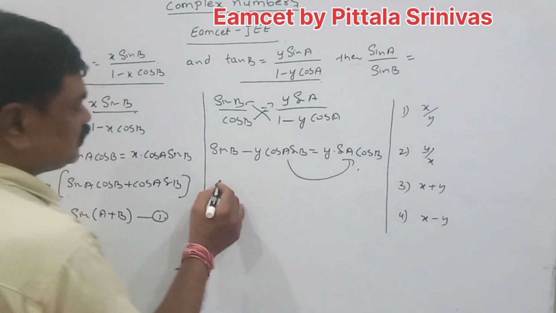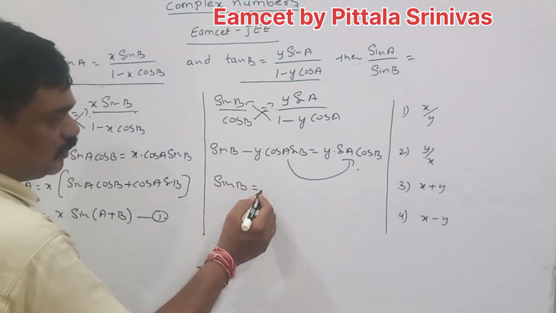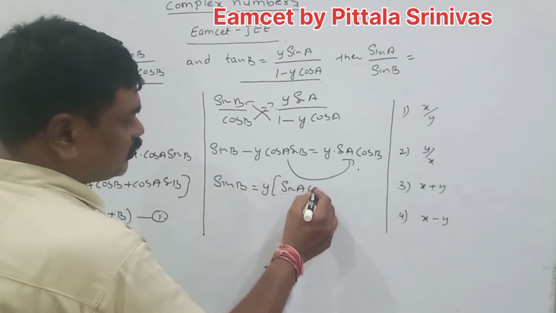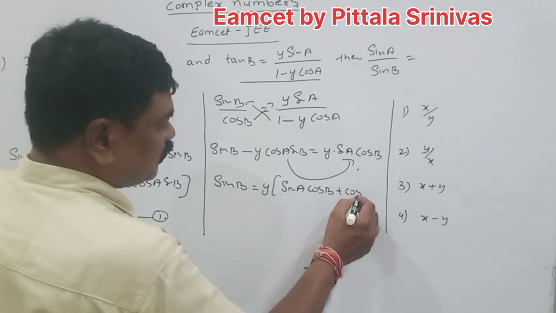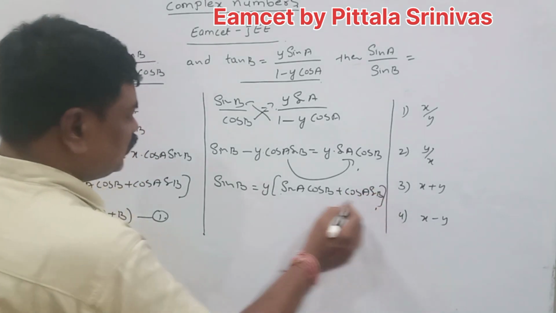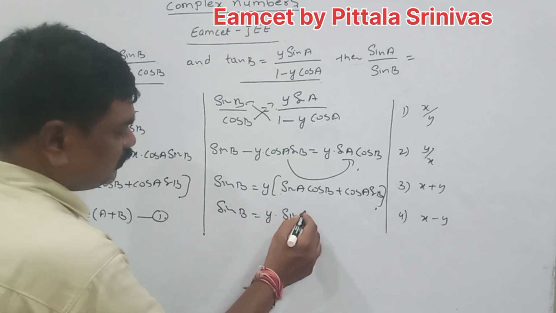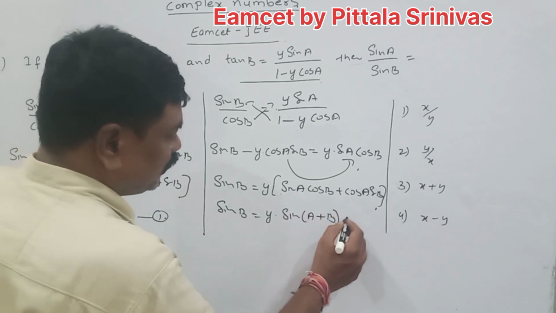You take this to this side, sin b is equal to y common, then sin A cos b plus cos A sin b. Then what we will have? Sin b is equal to y into sin of (A plus b).